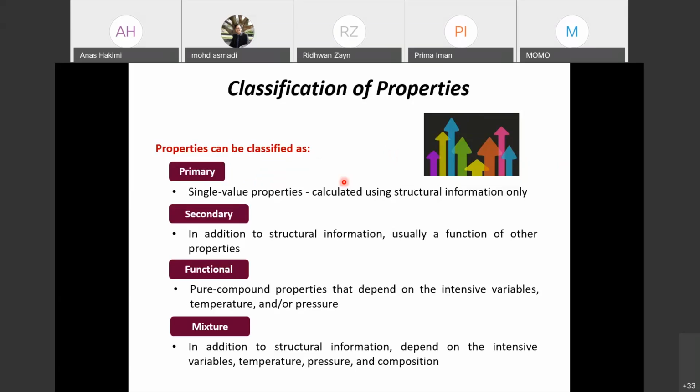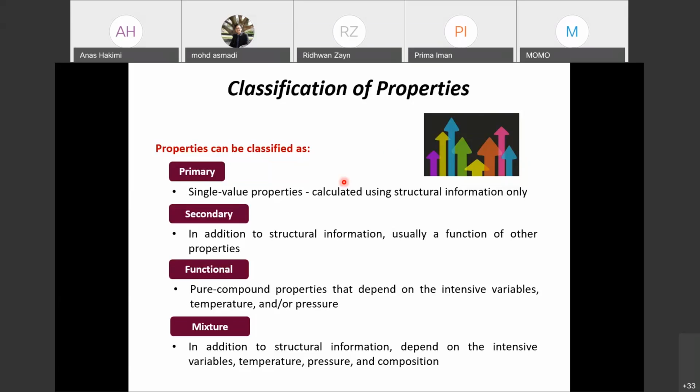For the polymer, the classification of the properties is also similar, for the polymer repeating unit: primary, secondary as well as functional properties.